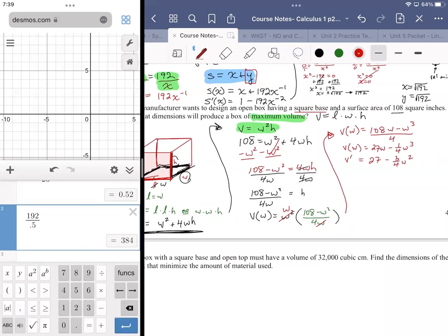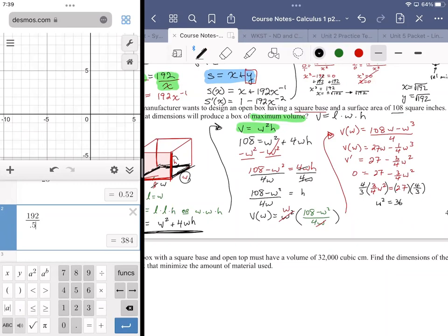I don't have to worry about setting that equal to 1 over 0 because this is a polynomial function and polynomial functions are never undefined. Right, so I would solve this by adding 3/4 W squared to both sides. Multiply both sides by 4/3. Makes it W squared on the left and 36 on the right.